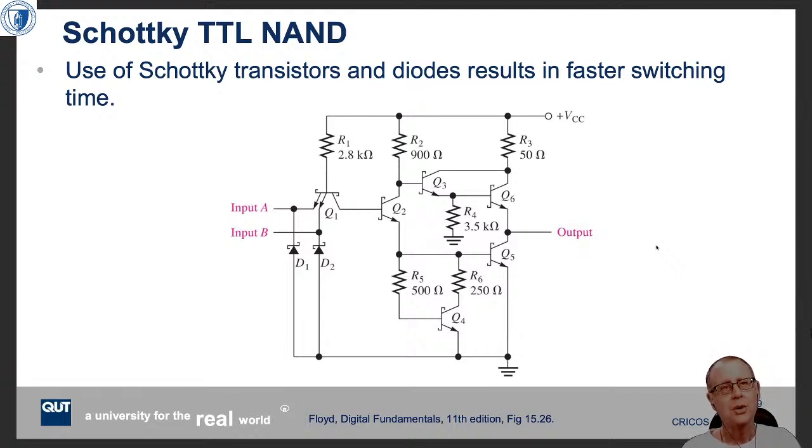And those Schottky devices allow for faster switching, which is the main reason to use them. Okay, the Schottky piece is the fact that you've got this little twiddle on the crossbars of the diodes and the transistors, right? That's how you indicate a Schottky device over a standard BJT or diode.